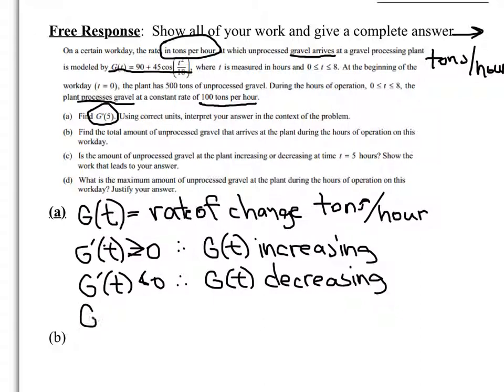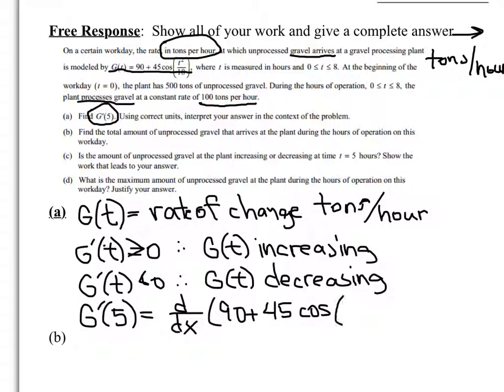So you guys did great on the mathematics here when you plugged in 5 into the function. Now I hope that you didn't do this by hand, right? Because you're going to use your calculator and you're going to go the derivative with respect to x of this function. You'll type that in, 90 plus 45 cosine of t squared over 10.